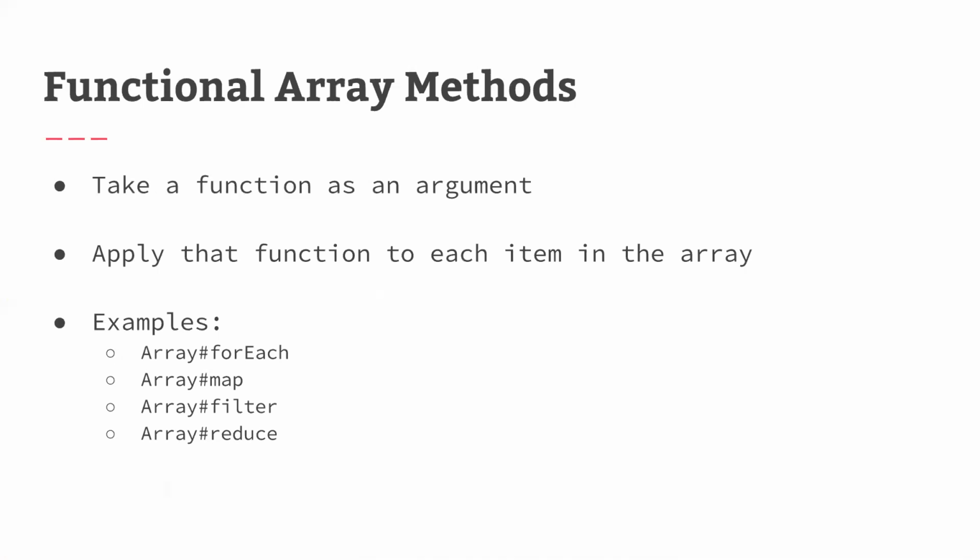So for each, and that hash mark, by the way, just means that this is an instance method and not a class method. I think array dot for each would mean then you actually literally do array dot for each, like object dot keys. But the hash mark means it's an instance of an array that you use for each on.